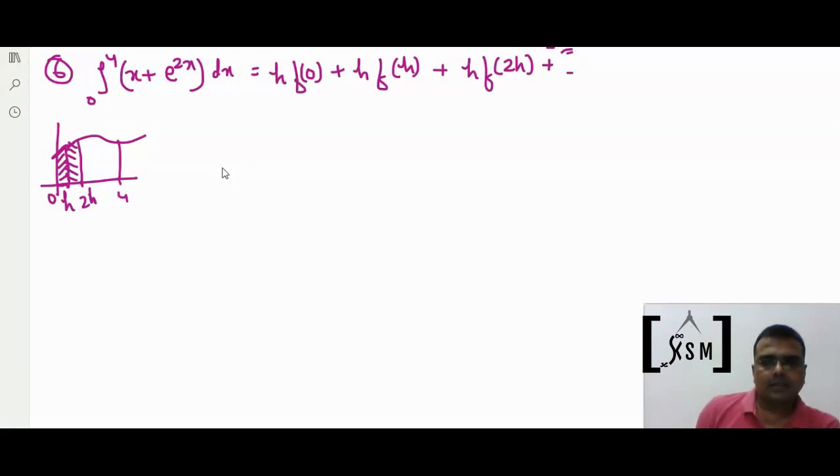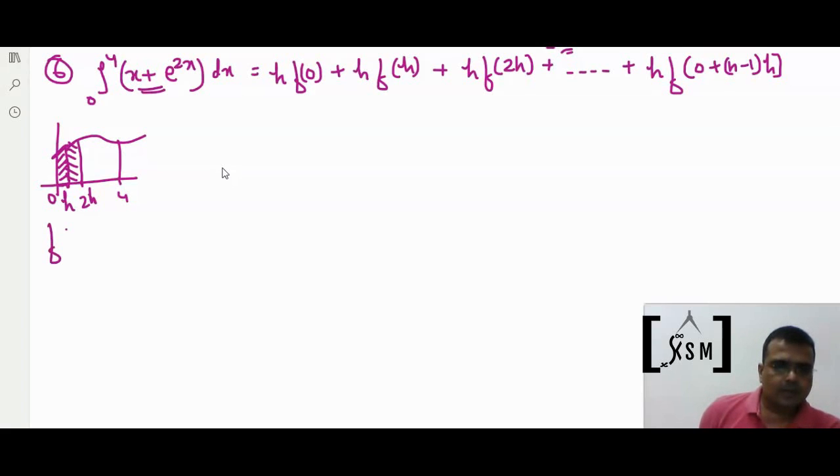And like that, the last rectangle would be h times f of 0 plus (n minus 1) times h. Good. Okay. Here it's important to mention my f(x) is x plus e to the power 2x.